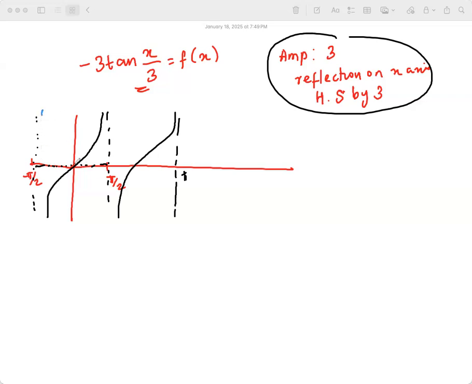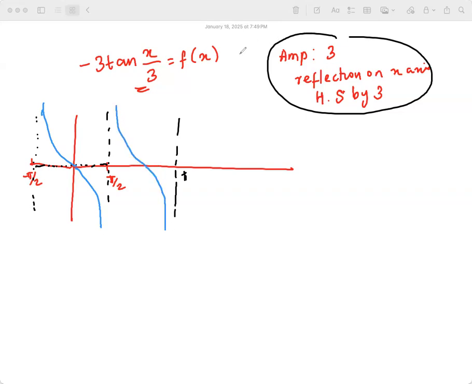Nice. So it is a reflection, right? Think about this reflecting on the x-axis. It will become this. And as x approaches pi by 2, it'll approach negative infinity. Nice. So the graph is like this.